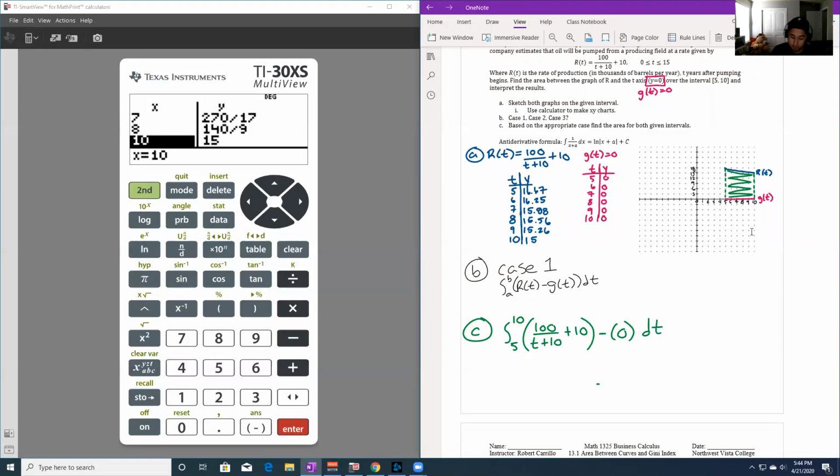Okay, so we definitely have some cleaning up to do. And I think I need to write smaller. We'll first get the integral from 5 to 10 of 100 over t plus 10, plus 10 dt.